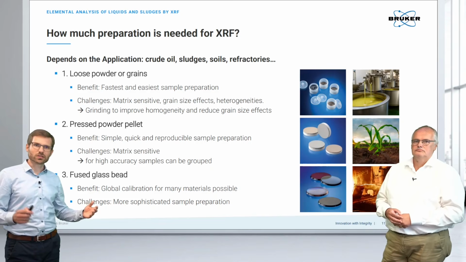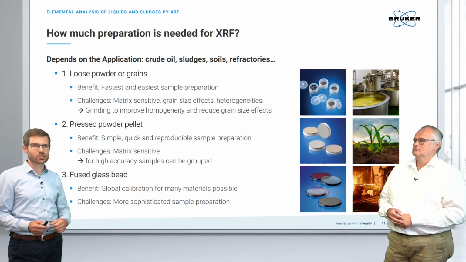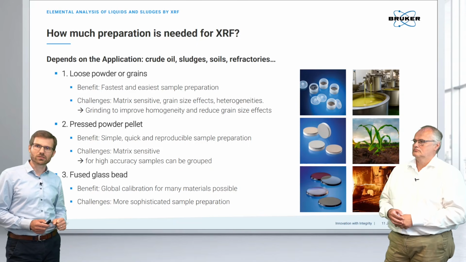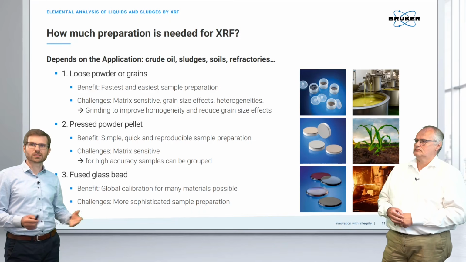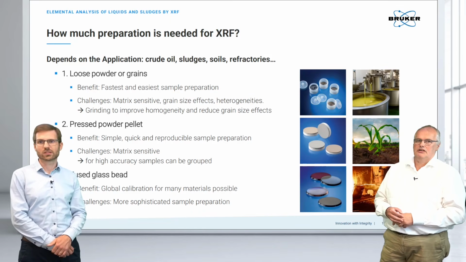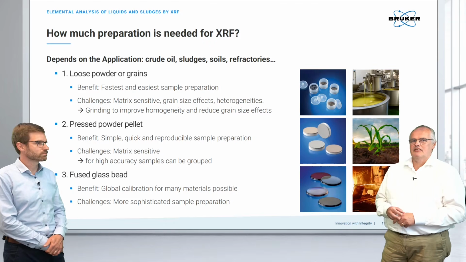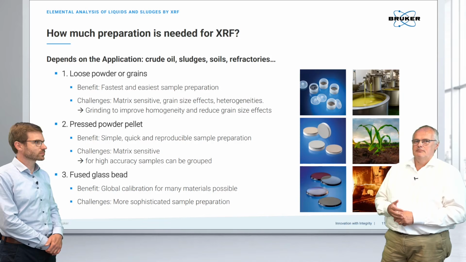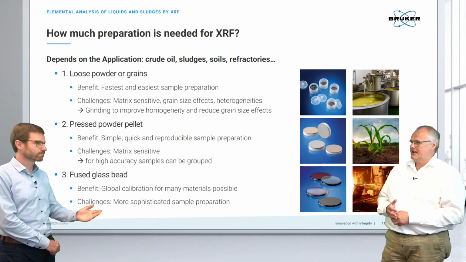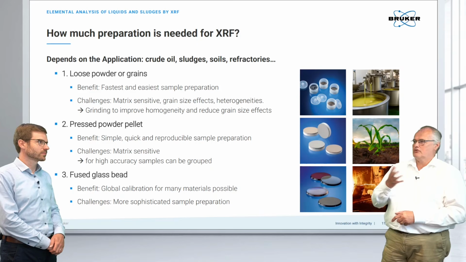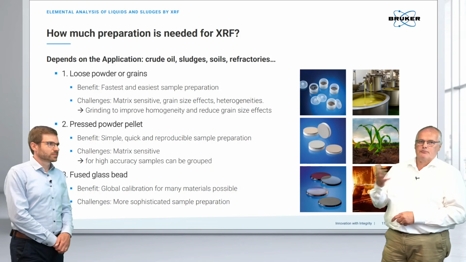And that means for the major and also the minor concentrations, so at a percentage level or slightly sub-percentage level in weight percent, you get very precise and accurate results. And you can also have global calibrations. Of course, a bit more effort is involved here. Yeah. This also looks like an investment in time that pays back in precision and accuracy. So loose powder grains just poured into a cup is pretty quick.